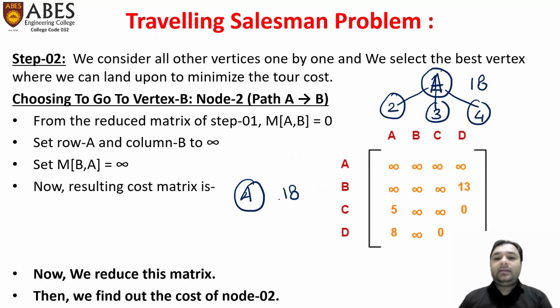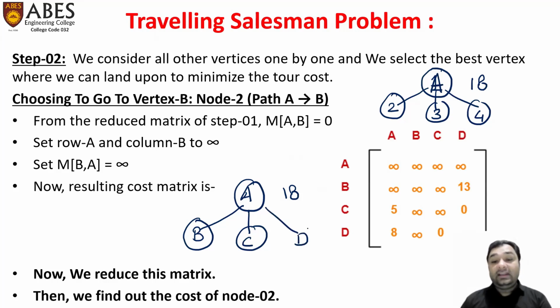This 18 represents that there was a possibility to start the journey from A, B, C, D. But if we start the journey with A, we will get a minimum cost of 18 if all the paths go in an extreme opposite direction. After going through A, we can go to B, we can go to C, then we can go to D.